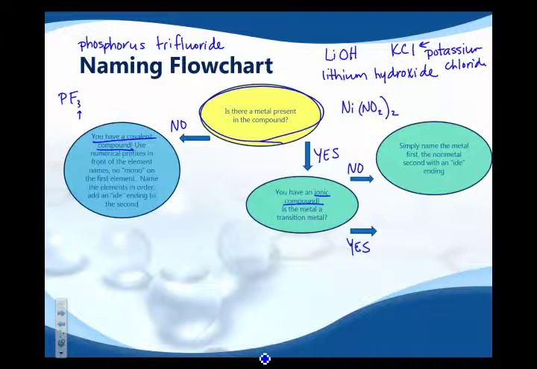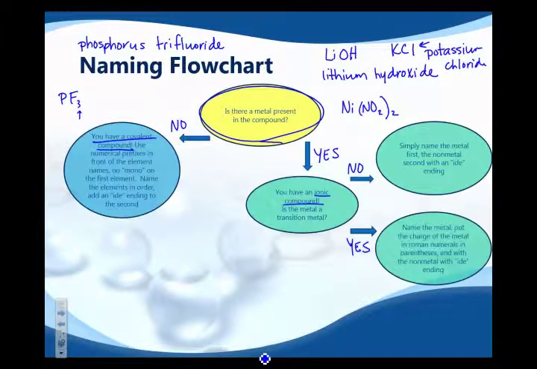That means the nickel could have a variety of charges, and so when we name it, we need to name the metal first, so we'll name nickel, and then we need to figure out the charge on the nickel. Well, in this case, I have two nitrites, and nitrites, if you'll recall your polyatomic ions, you'll remember that that has a -1 charge.